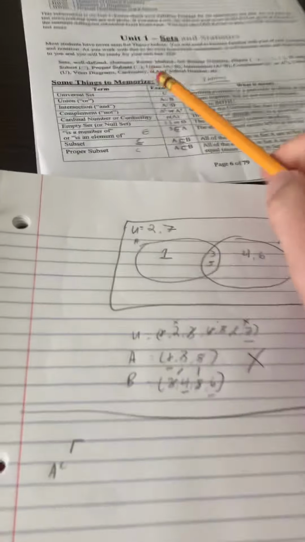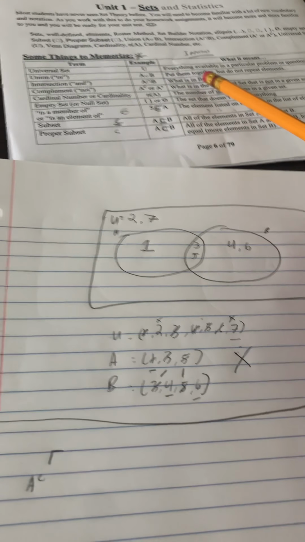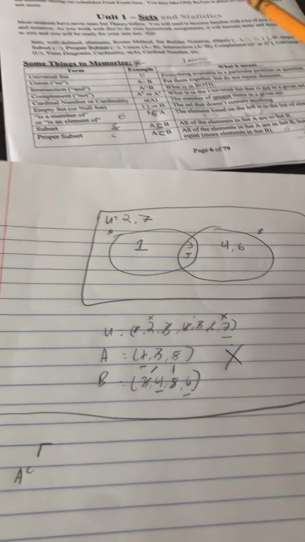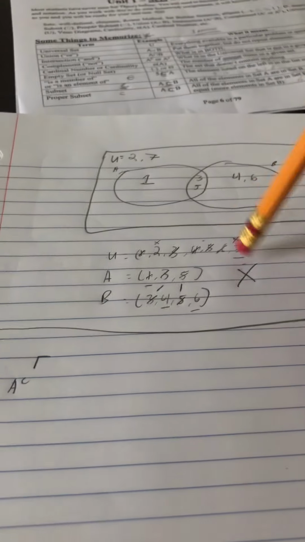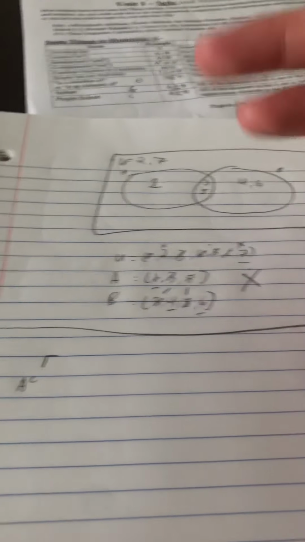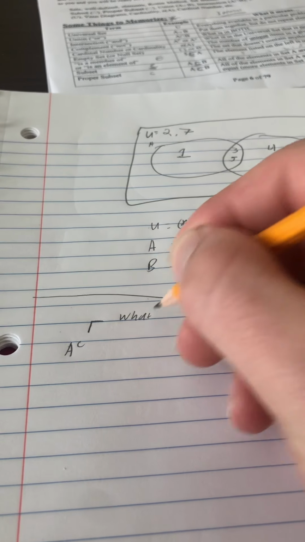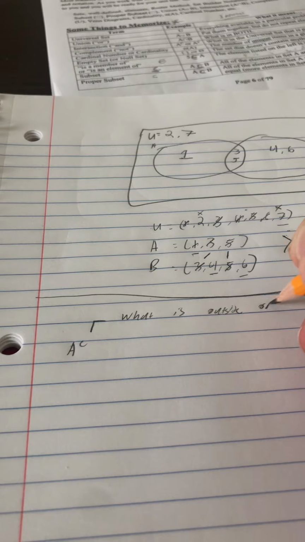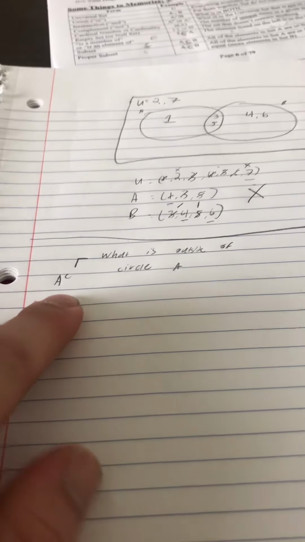We come up here to our sheet. We can see that A complement is what is in the universal set that is not in the given set. Well, we're dealing with the Venn diagram here, so we're not going to answer the way we did in the last 2 videos. We're going to say, what is outside of circle A? When dealing with a Venn diagram, that's how you answer that question.